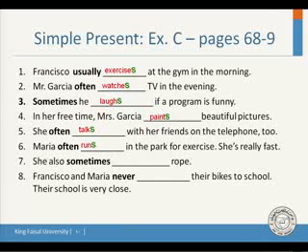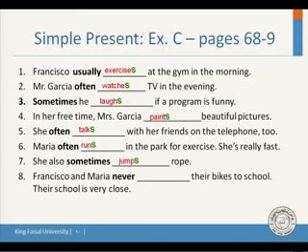Maria often runs in the park for exercise. Often runs. Not every day. Maybe 3 or 4 days a week. She also sometimes jumps rope. Exercises, by jumping rope.